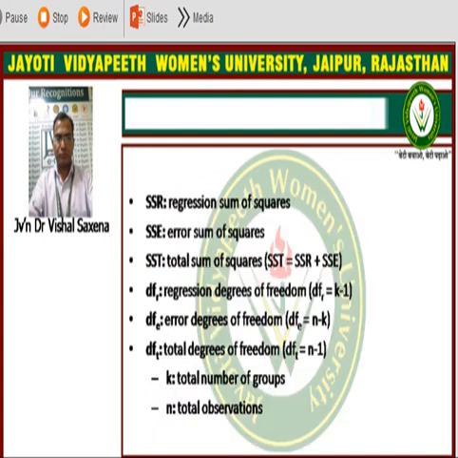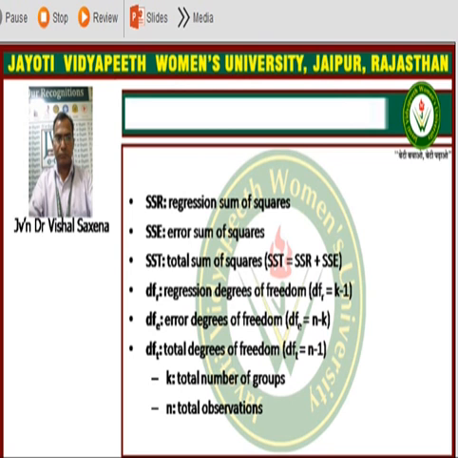SSR is the regression sum of squares, SSE is the error sum of squares, and SST is the total sum of squares, which is the summation of SSR and SSE. So SST is equal to SSR plus SSE.